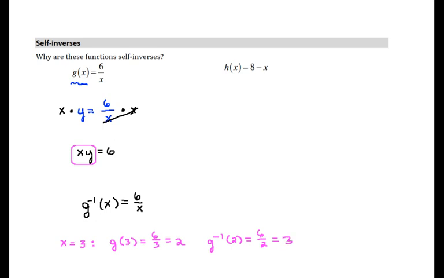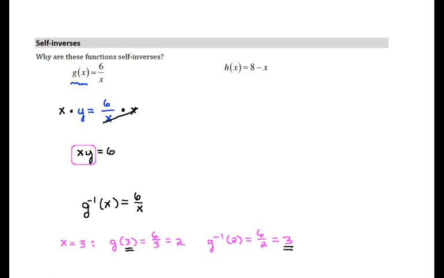So what we can see just happened here on this example is that 3 is the number I started with. I applied the function g, and then I applied the function g inverse to its output, and I got back that same 3 that I started with. So I can see that the function 6 over x does in fact undo itself. And with this numeric example, I can get a better idea of why.